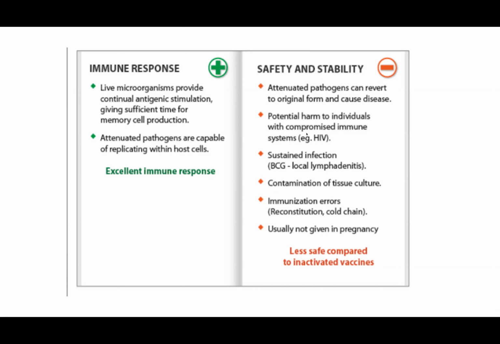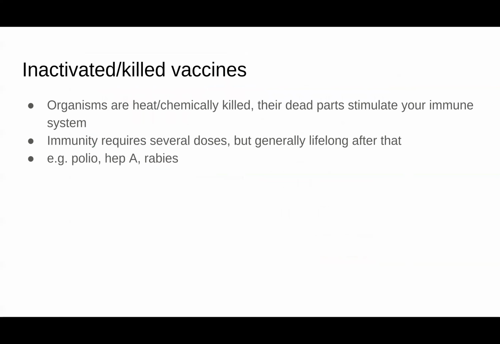It can also cause potential harm to those that are immunocompromised, so those that suffer from HIV cannot get a live attenuated vaccine either. So there are some issues, but overall it's a really good immune response. It's really effective. A measles vaccine is a great example of this. We've been using it for 50 years with no issues at all.